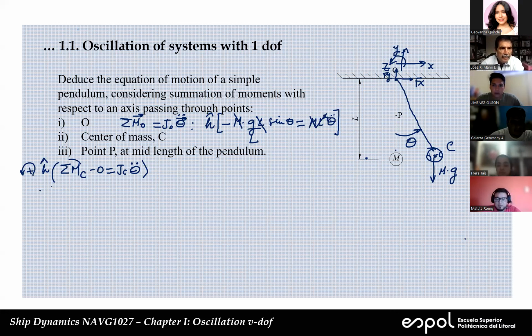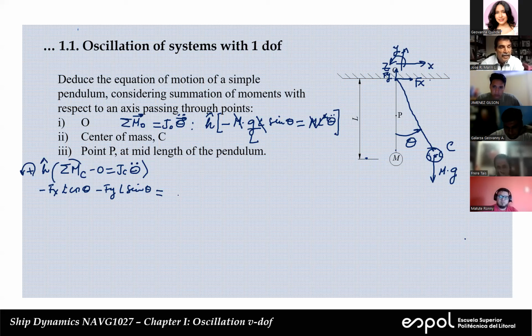So it's going to be minus Fx, and the arm is going to be from here to here, so that's L cosine theta. Fy also produces a moment in this direction, so it's going to be minus Fy L sine of theta. The weight does not have an arm.